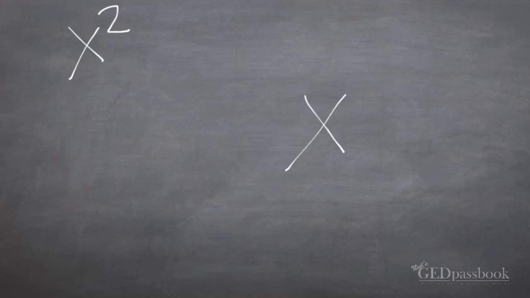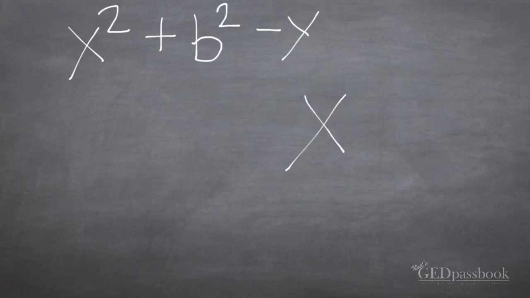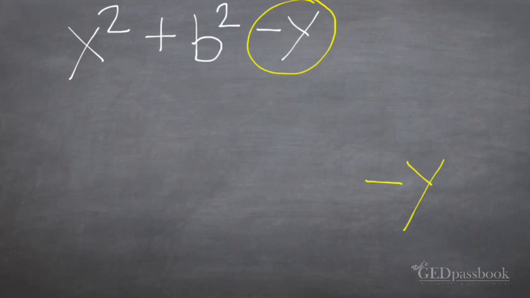X squared plus b squared minus y, right? How would you arrange that from highest to smallest? Well, this negative y will be the smallest one because it doesn't have an exponent, right?